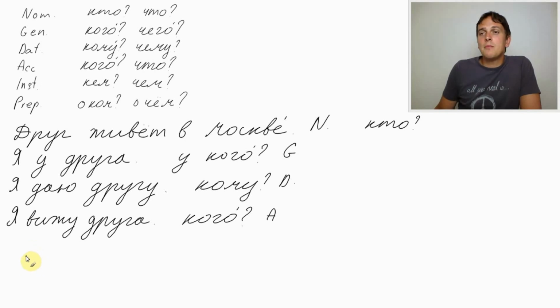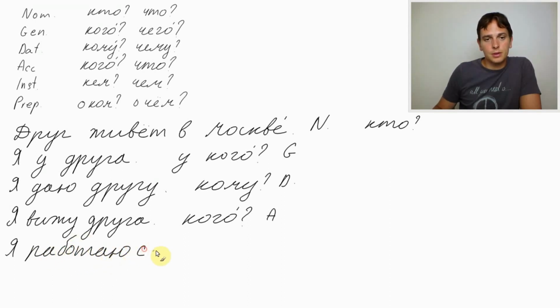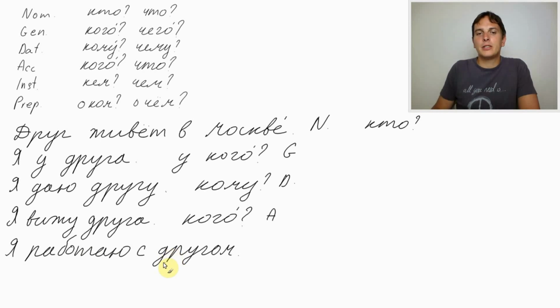Now, I'm working with a friend. Я работаю с другом. I'm working with a friend. You see, friend gets the ending om. So, how would you ask the question to the word friend within the sentence?